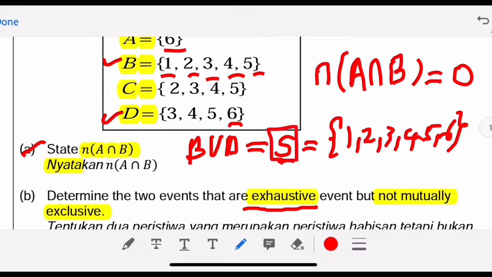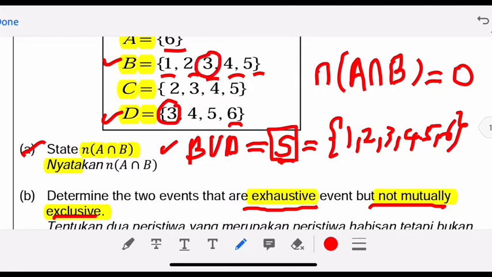So B and D are exhaustive, and they are not mutually exclusive, because they intersect, sharing the common elements 3, 4, 5.